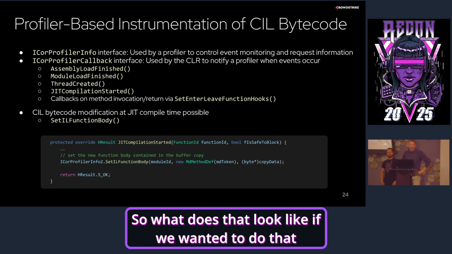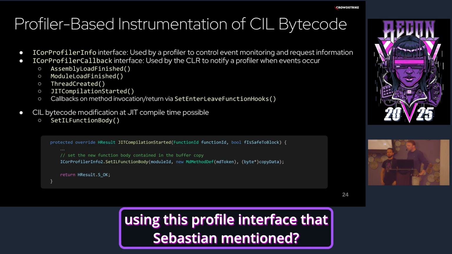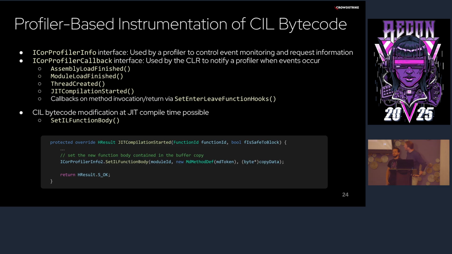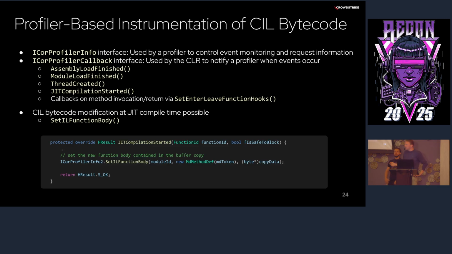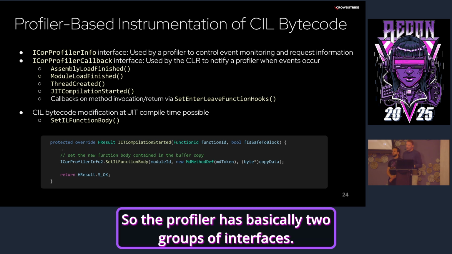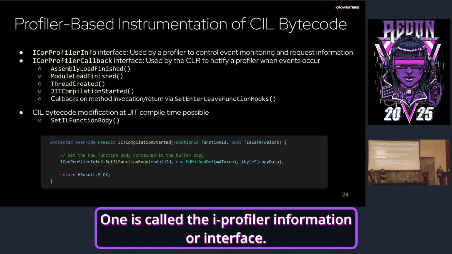So what does that look like if we wanted to do that using this profiler interface that Sebastian mentioned? It's a really nice interface, really powerful. We saw this picture with the boxes with the two red arrows. The profiler has basically two groups of interfaces. One is called the ICorProfilerInfo interface.